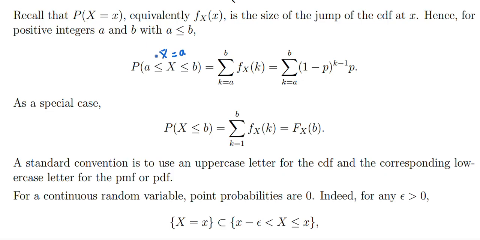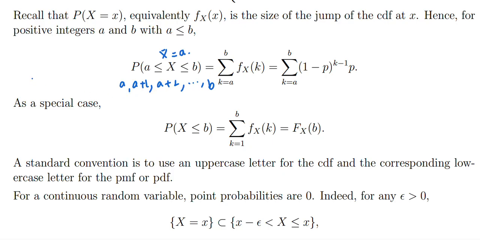So if I have a, then a plus 1, a plus 2 and so on up to b, then for finding the probability that a is less than or equal to X, less than or equal to b, this is the probability of X equals a, plus X equals a plus 1, plus X equals a plus 2, and so on.